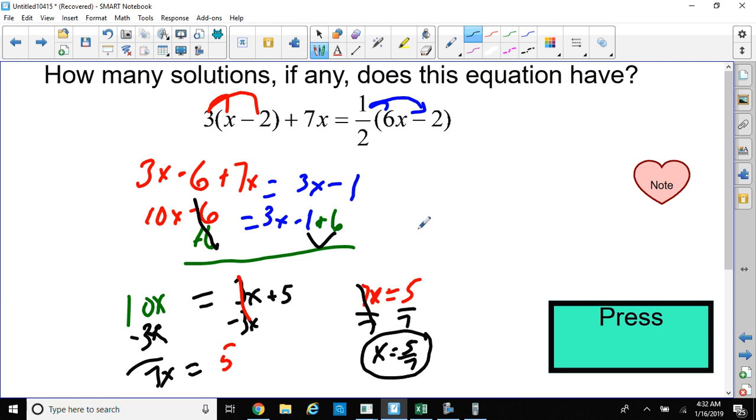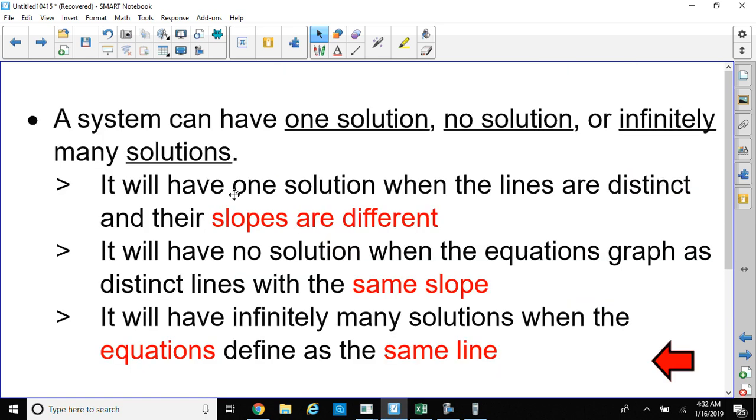So we're going to say it has one solution. So remember in our note, how many solutions does it have? Let's go back to our note. It will have one solution when the lines are distinct and the slopes are different. And what do we mean by distinct?